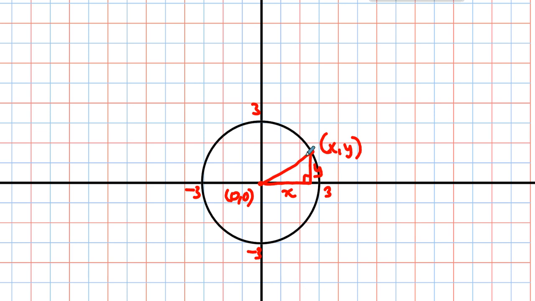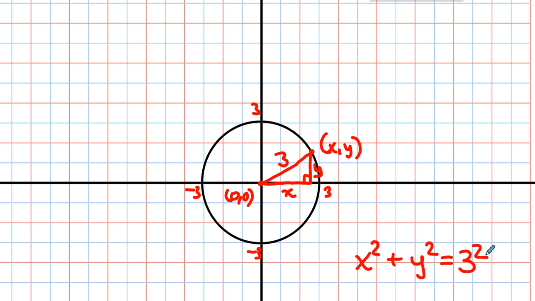And how far is this distance right here? Well, that's the radius of the circle. So for any point x, y, we can make this right triangle. And so for any point x, y, leg squared plus leg squared is radius squared.